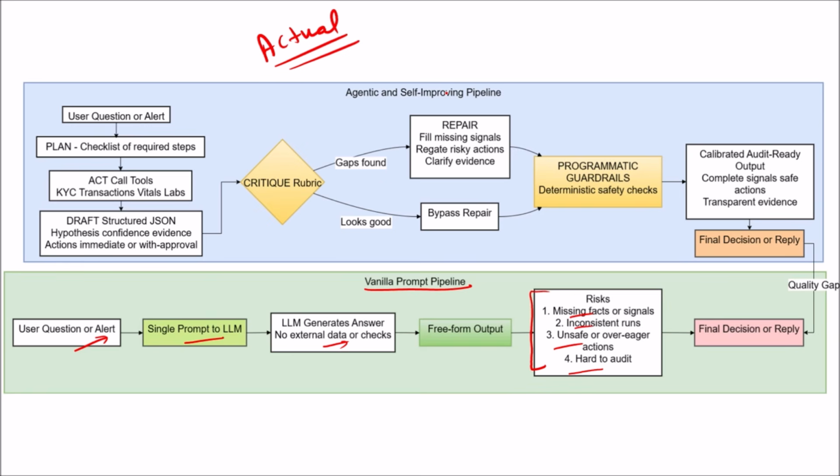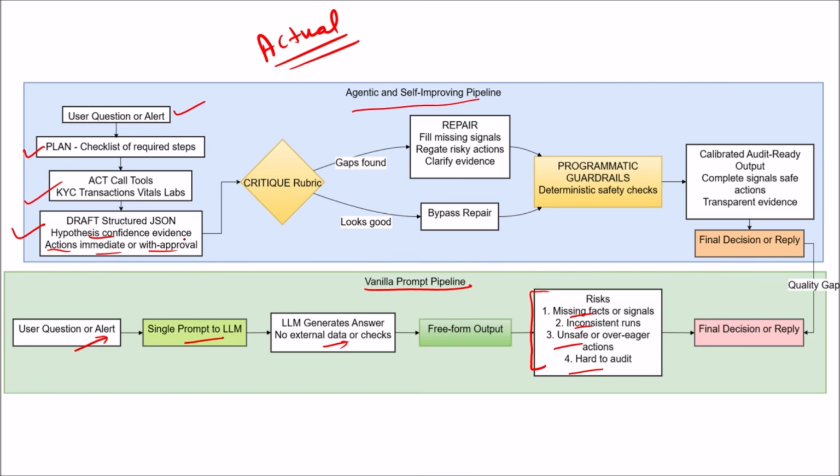Now in the agentic and self-improving pipeline, the system takes the user questions and the alert generated by the system, plans as already discussed, then acts by calling tools, KYC, transactions, and watchlists, collecting all the information, and then drafts everything like structured JSONs, hypotheses, confidence, evidence, and actions, immediate or with approval.